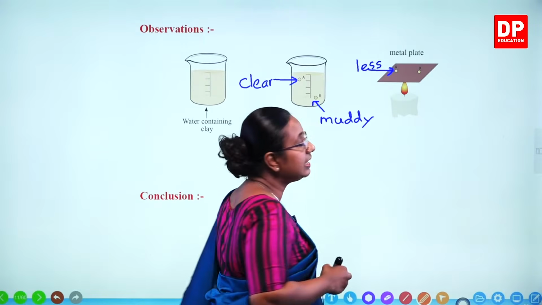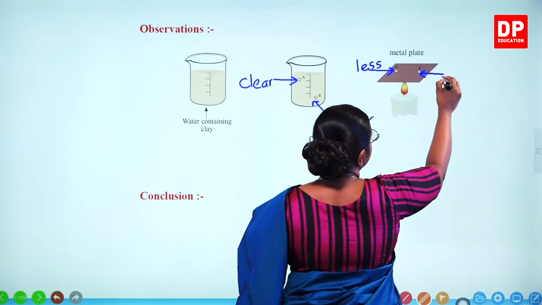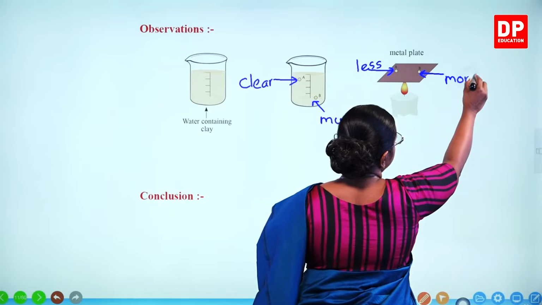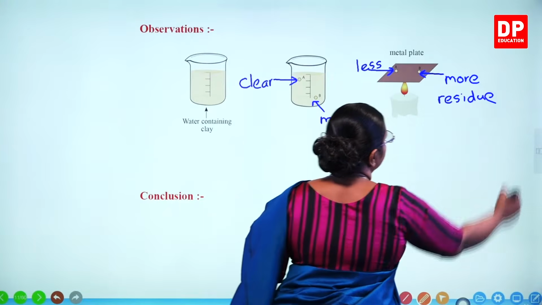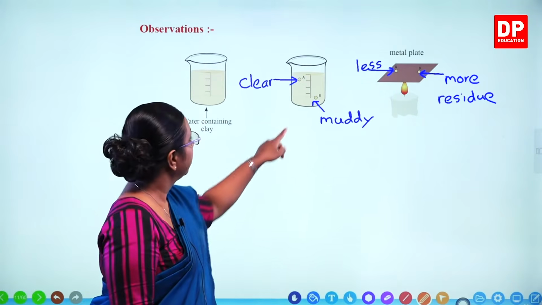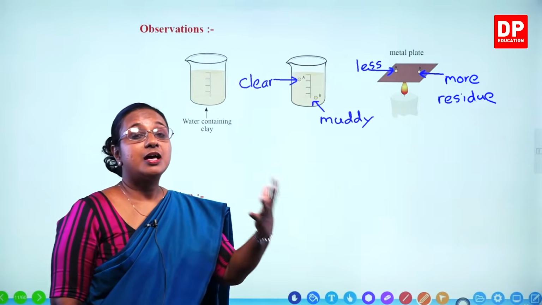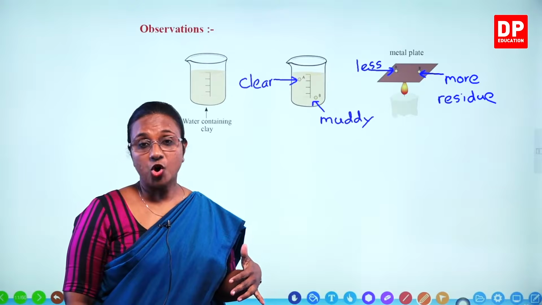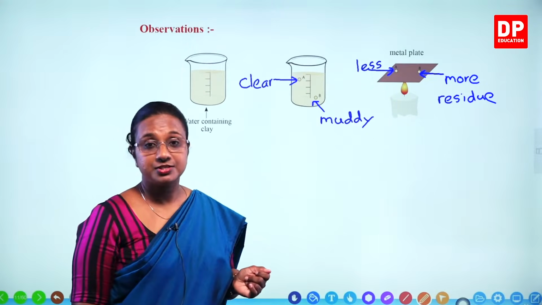It was hardly noticeable. And there was more residue there. So that means near the bottom where we have point B, there is more soil dissolved in water. That is why we get a higher amount of residue.